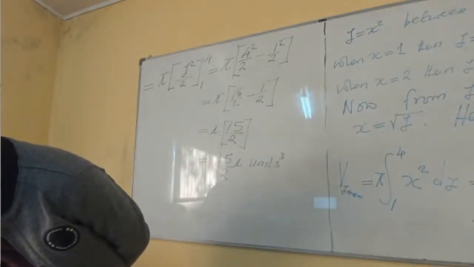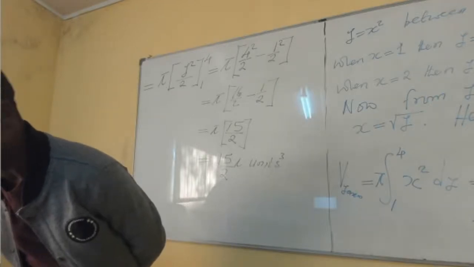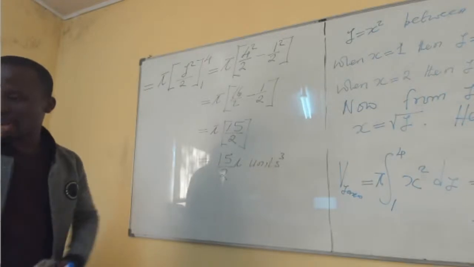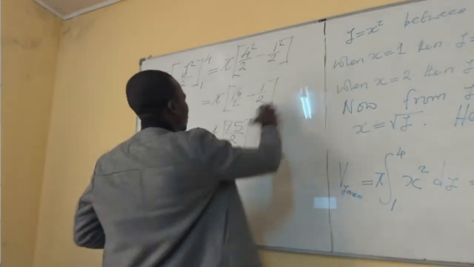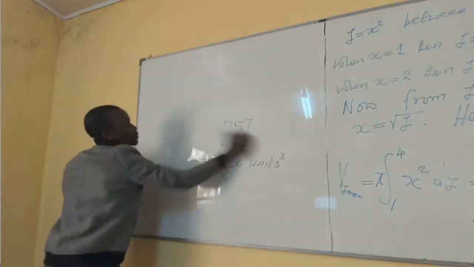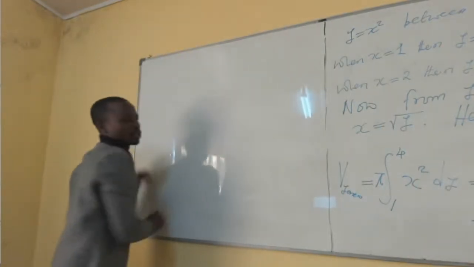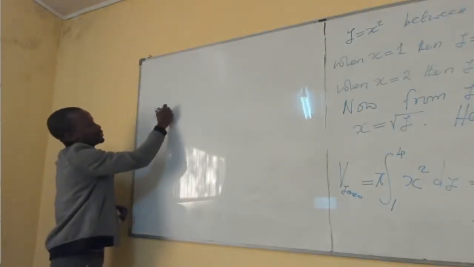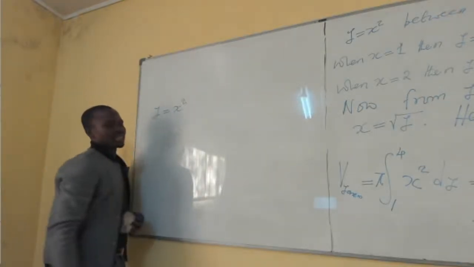Okay, how did you manipulate the x into y, sir? Can I wipe the board now so that I can start answering your questions? So basically, how did I manipulate? Look, what you have is y is equal to what? x squared, isn't it?